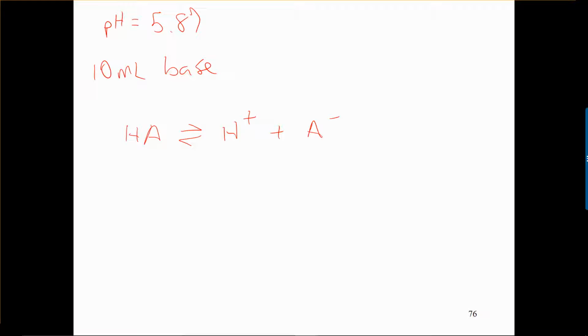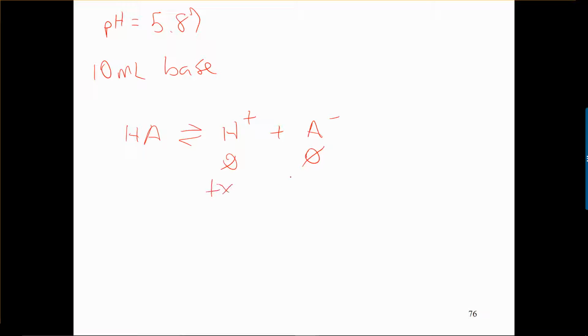Okay. All right. So here we have HA dissociates into H plus and A minus. Okay. These initially are 0. We know that.